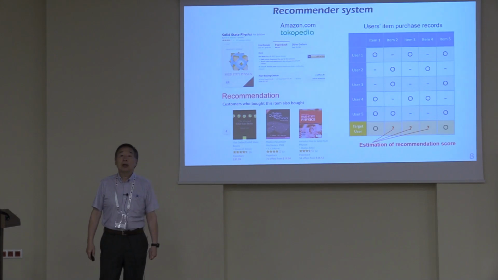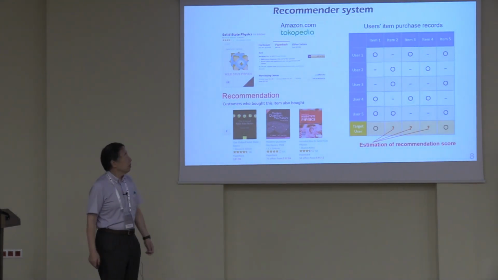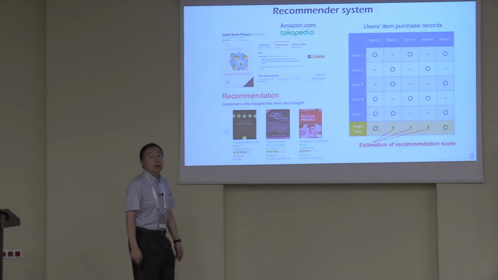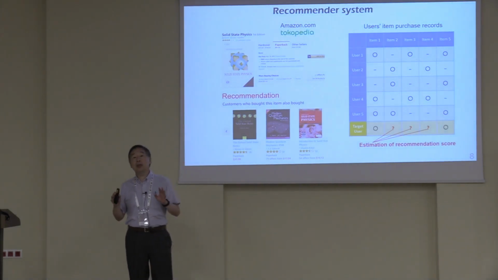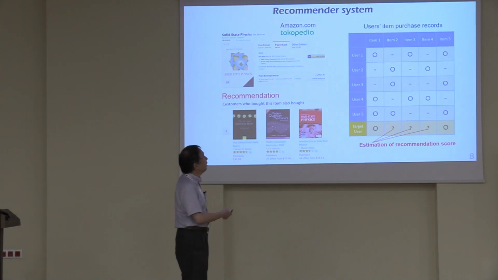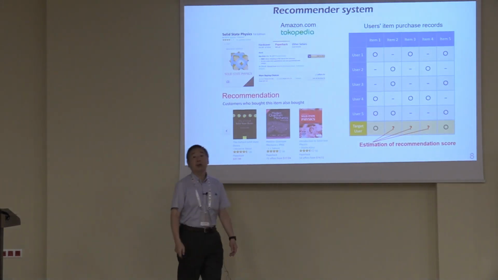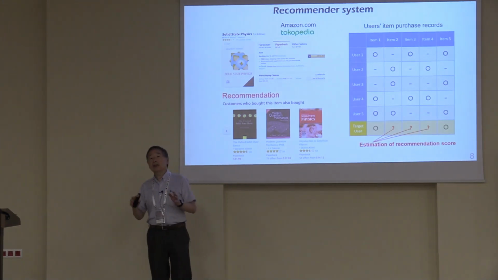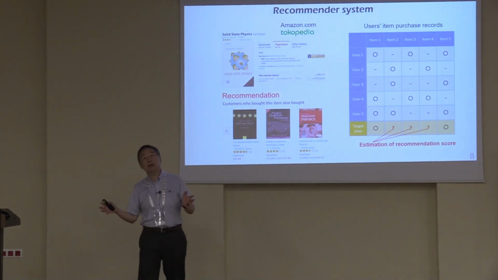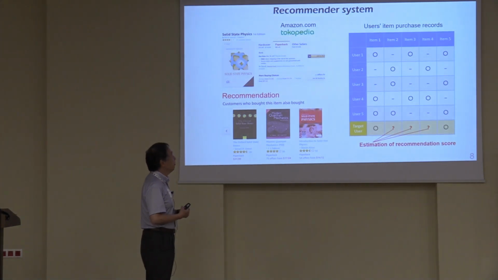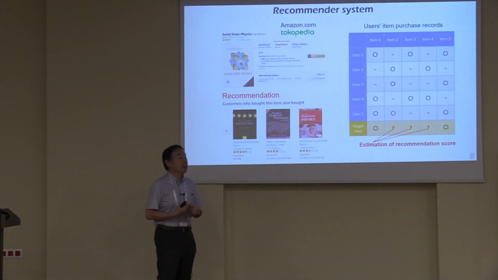Okay, so in the recommender system, like in Amazon.com, they have a huge list of customers. This is the user's item purchase record. In the case of Amazon, the number of users or customers is sometimes billions over the world, probably more than 1 billion, because Amazon is doing very good business.